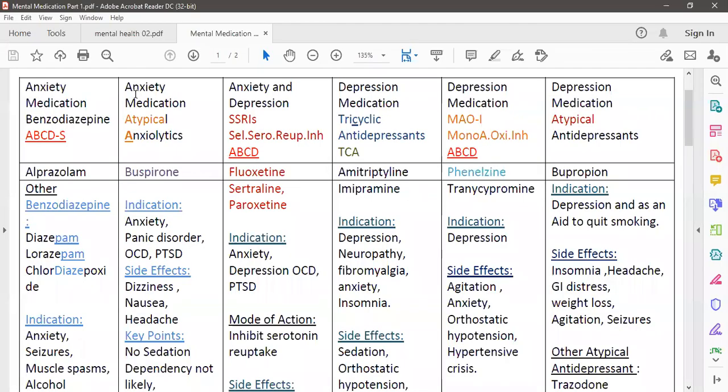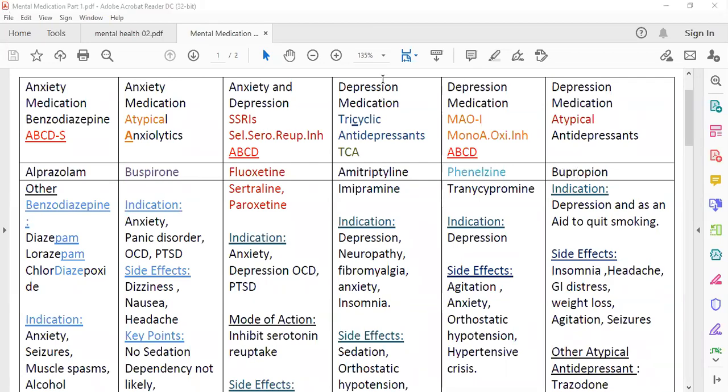Now the second one, anxiety medication but atypical. This anxiety medication is not a typical benzodiazepine, but an atypical anxiolytic called buspirone. Here you can see that an atypical antidepressant is called bupropion. So this is bupropion and this is buspirone.